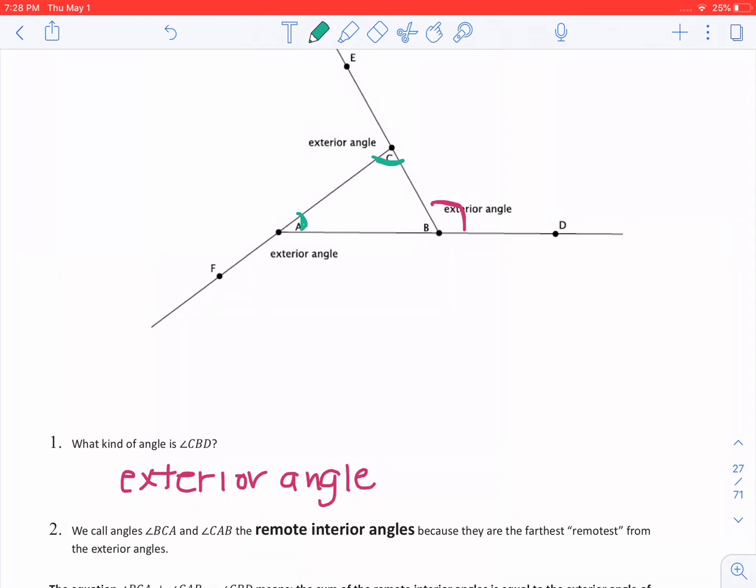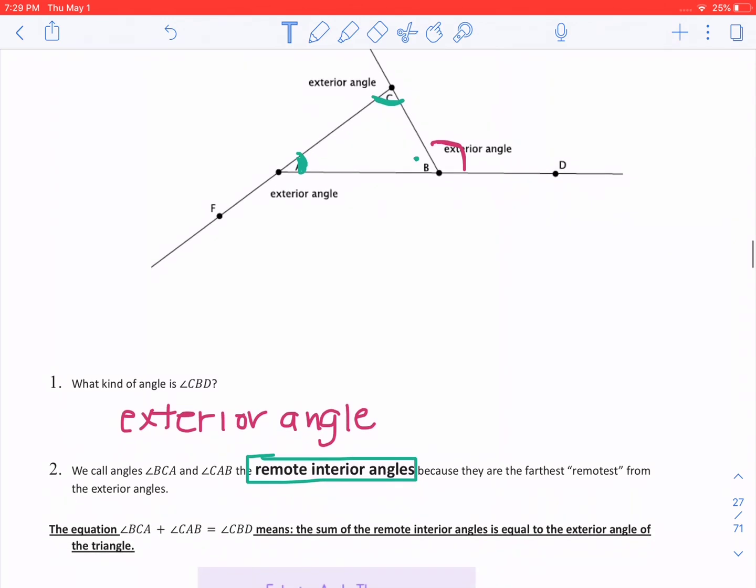Those two angles are what we call remote interior angles because they are the furthest or remotest from the exterior angle. So notice that the two green angles are the furthest away from the exterior angle. Okay, the one right next to it, right there, would be the one closest to it. So we're talking about the two that are furthest away from that exterior angle.